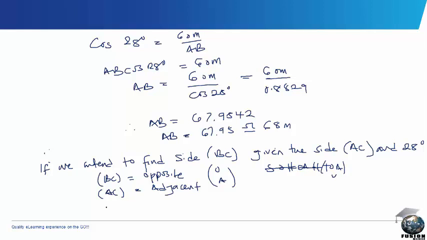And so we can say therefore tan of 28 degrees is equal to opposite over adjacent, which is equal to BC over AC.